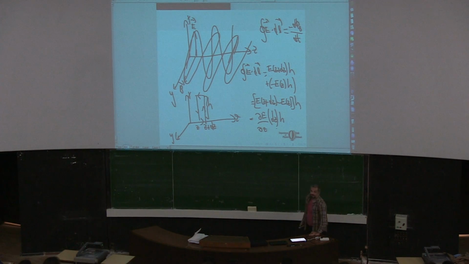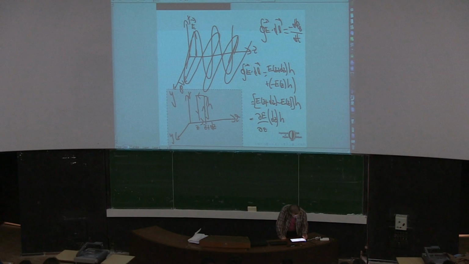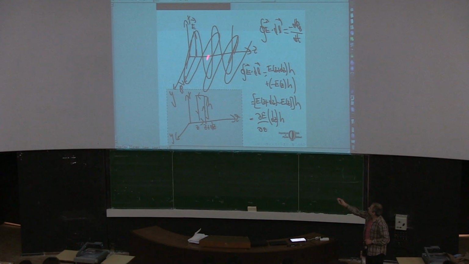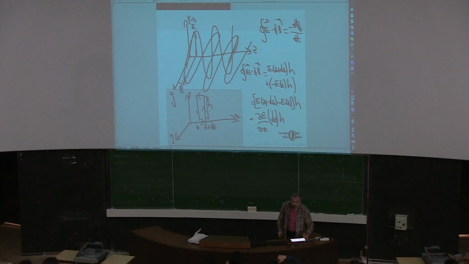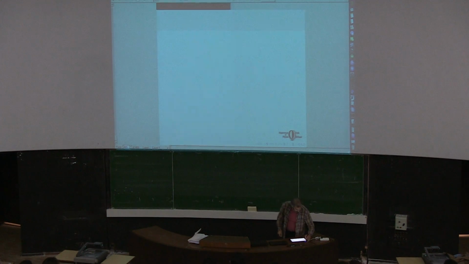Now what about this flux? If the electric field is in the plus x direction, then we know that the magnetic field is in the plus y direction. First of all, is this a positive flux or a negative flux? It's a positive flux.